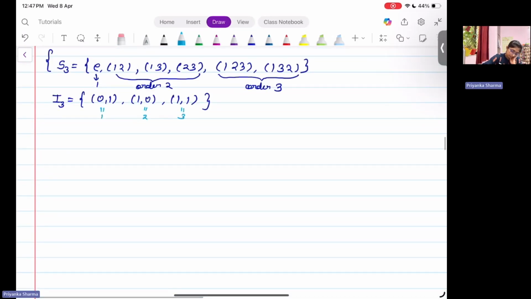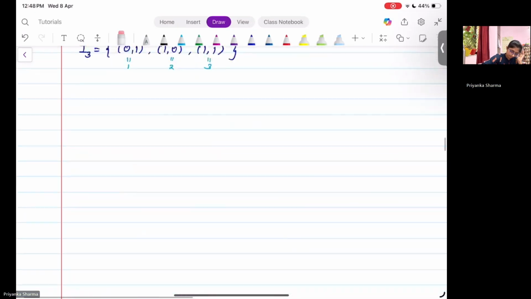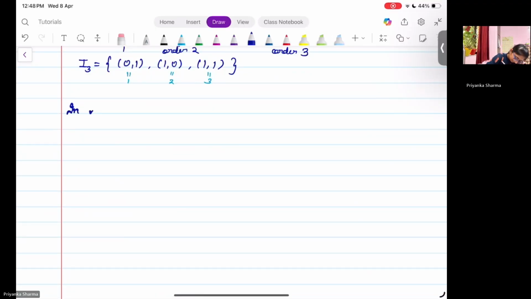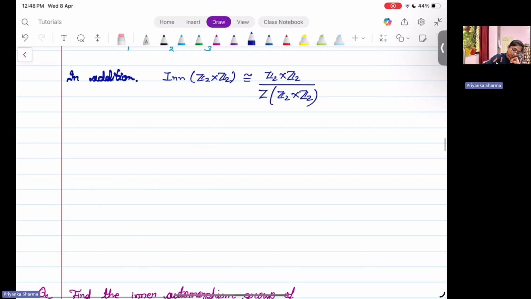One more thing: if instead of the automorphism group, the inner automorphism group was asked, the inner automorphism group of Z2 × Z2 is isomorphic to G by the center of G. So this will be isomorphic to Z2 × Z2 by the center of Z2 × Z2. Z2 × Z2 is an abelian group, so its center is the whole group.